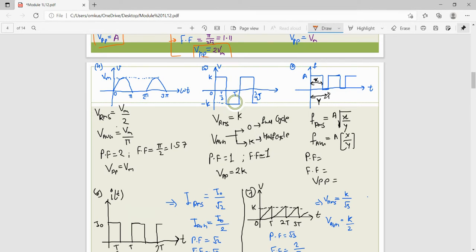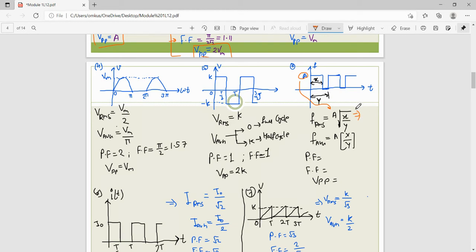Now see, for this factor, VRMS is equal to A, where A is the magnitude, multiplied by under root of x by y. This is similar to duty cycle.